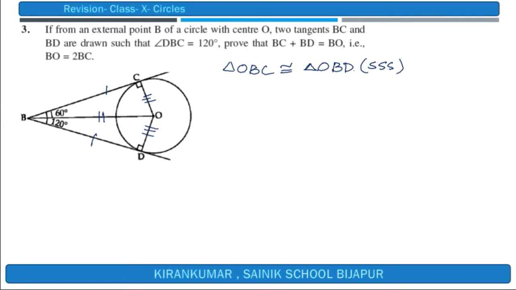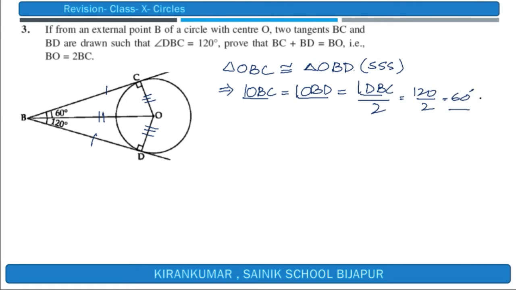So by SSS congruence criteria, the triangles are congruent. This implies angle OBC will be equal to angle OBD, and both the angles will be equal to half of the angle DBC. So we get it as 60 degrees. This part is done.